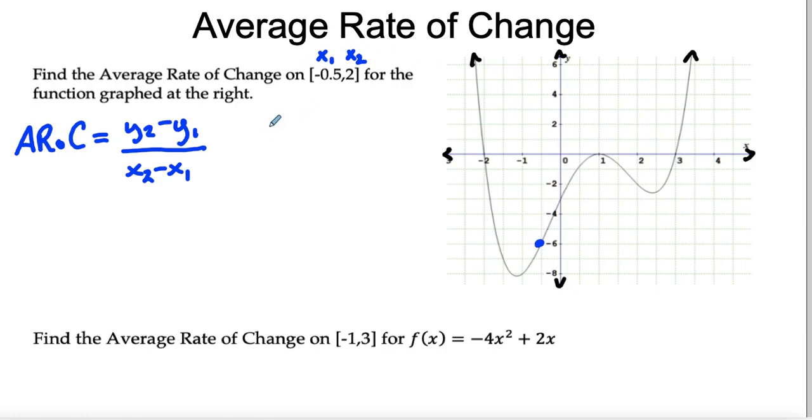For x1 is negative 0.5, and the y value down here is negative 6. And then in the next one, x is 2, and y is negative 2. So that's my x1, y1 and x2, y2. These are coordinate points.